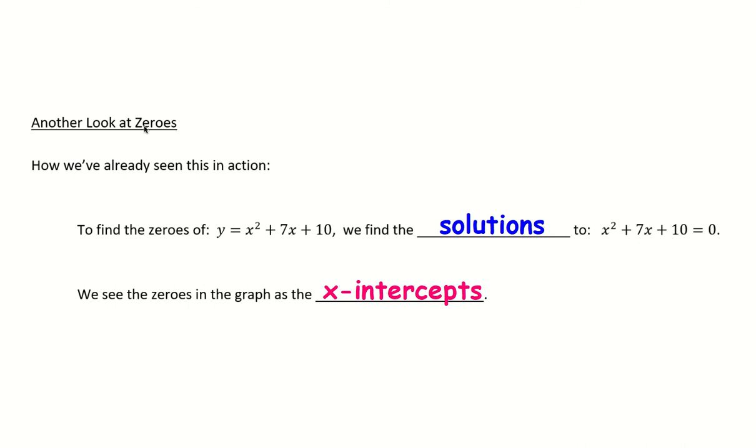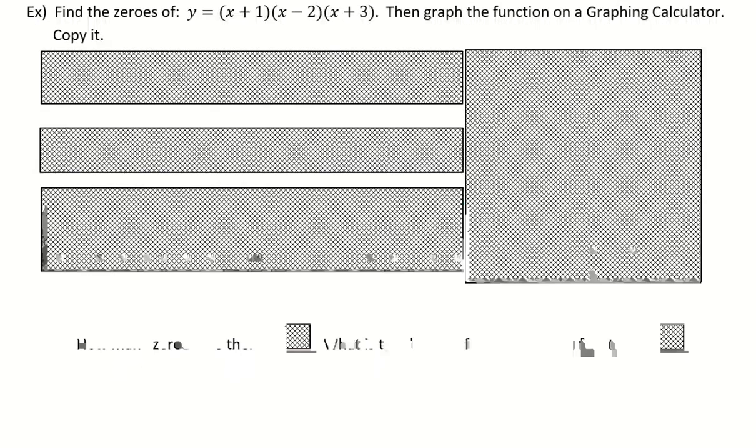Just think of it as the same thing. There are some nuance differences in the terminology or semantics, but just remember that when I ask what the zeros are, I might as well be asking for the solutions or the x-intercepts. It's pretty much the same thing.